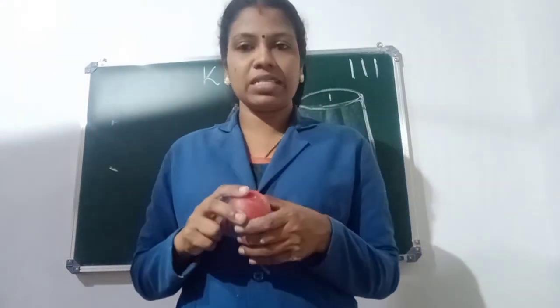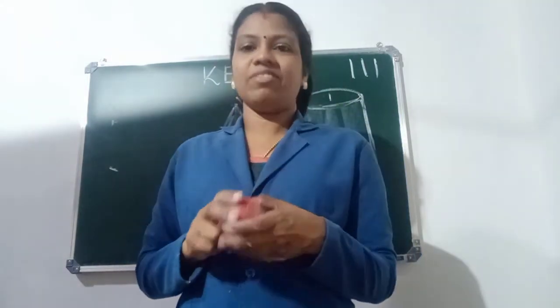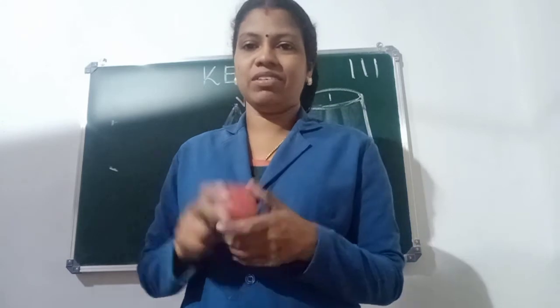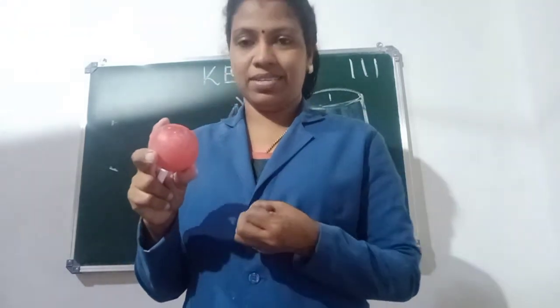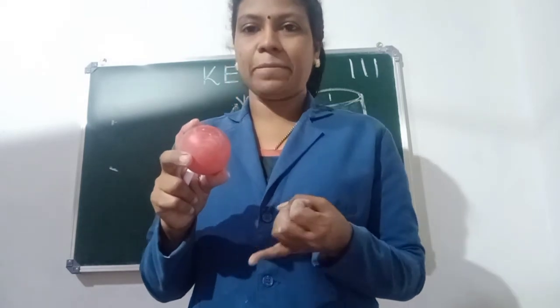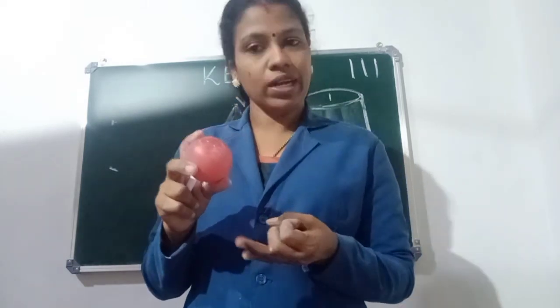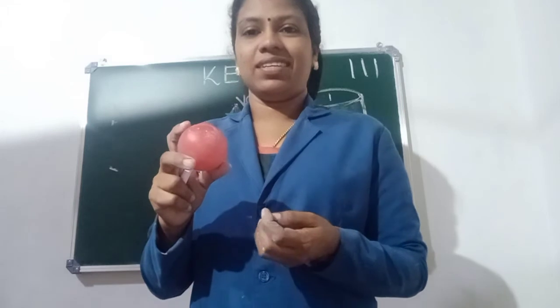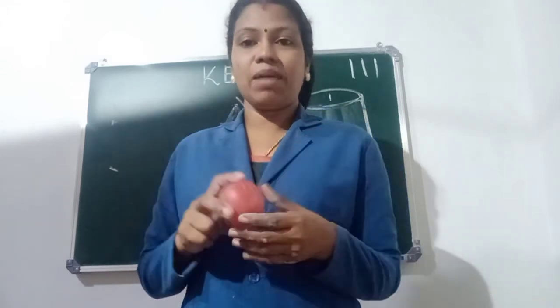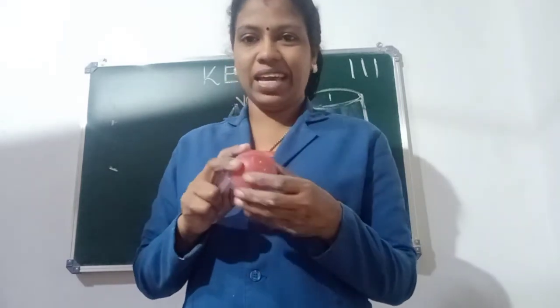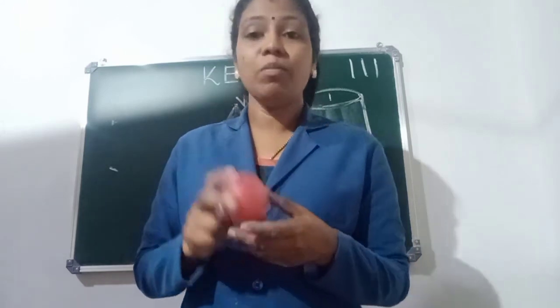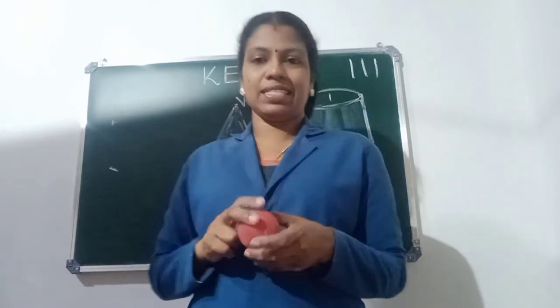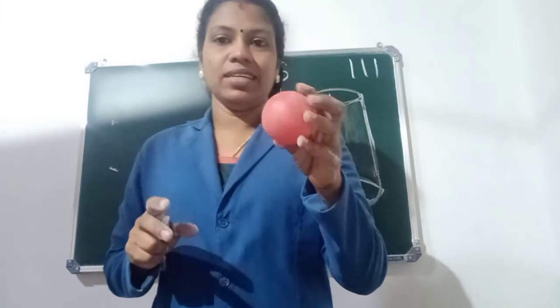Can you say some examples for sphere? Yes, we can say many examples in this shape. Yes, lemon, orange. Earth. Our earth is an example for a sphere. Sphere, earth, moon. So many examples are there for sphere.